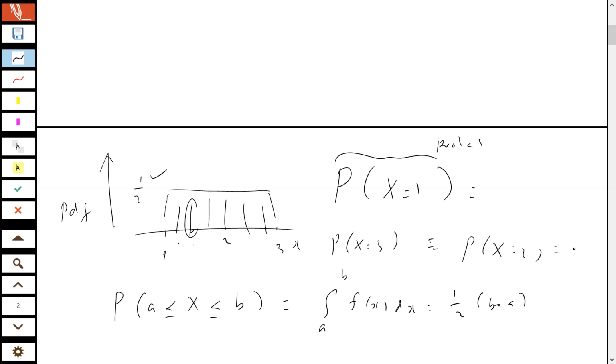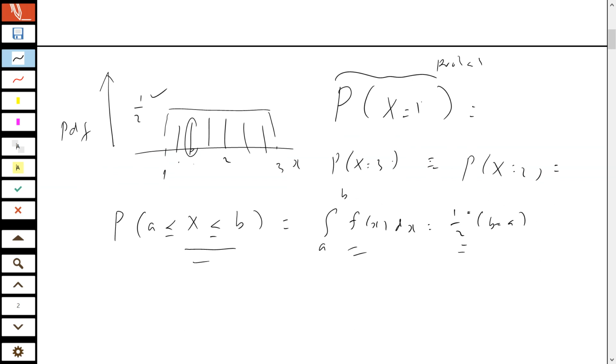How do you mean exactly? No, just apply what I've tried to do here. You have to apply it to these calculations. So let's say I want to do P of x equals 2, for example. What will I do? I first have to express this in this way, right?